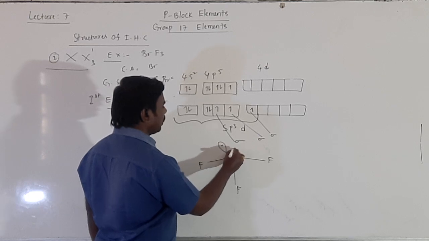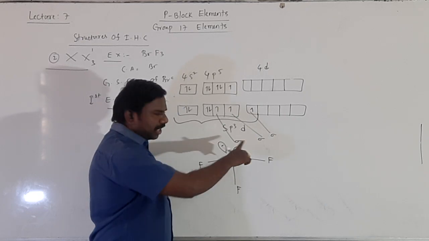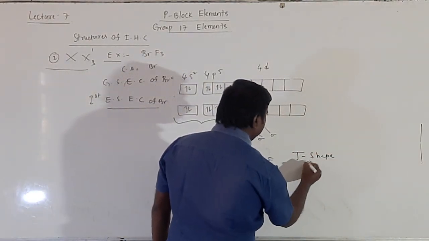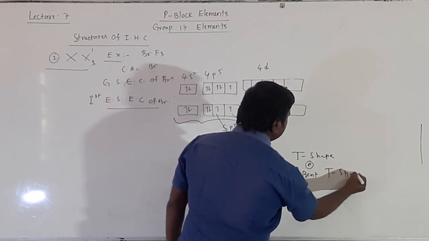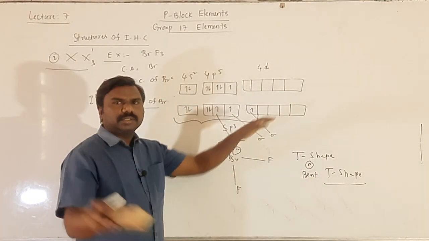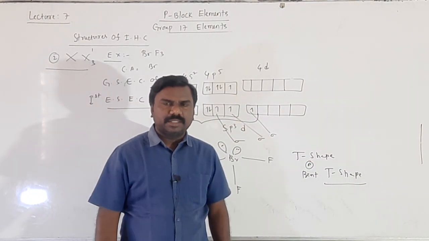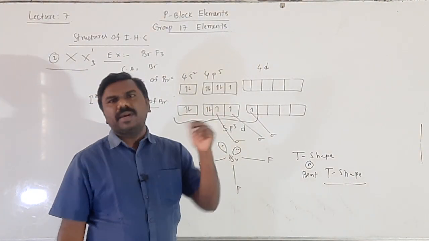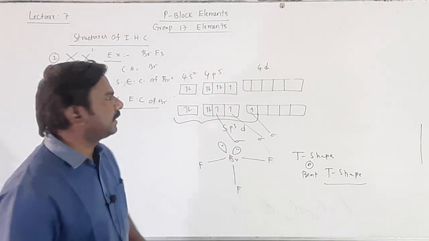It is a T shape actually, or a bent T shape, because of the lone pair and bond pair repulsion, so the T shape will be a little bent. Hybridization is sp3d, very, very important, a 3 marks question. The textbook gave it as a box.